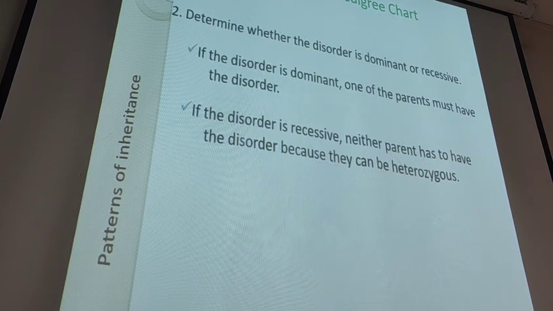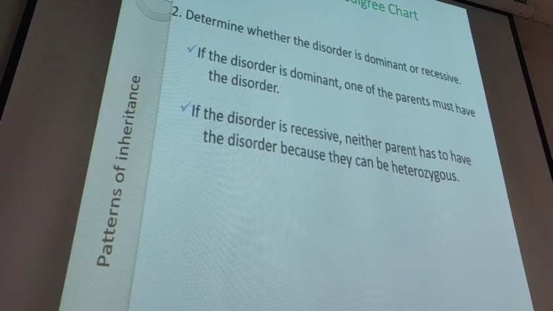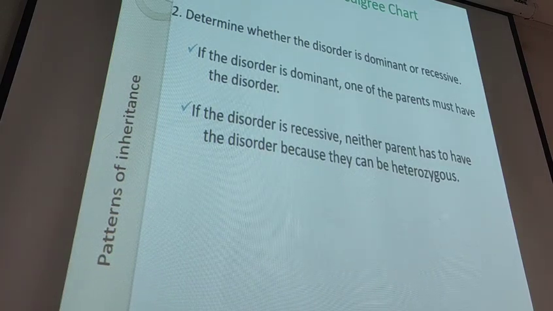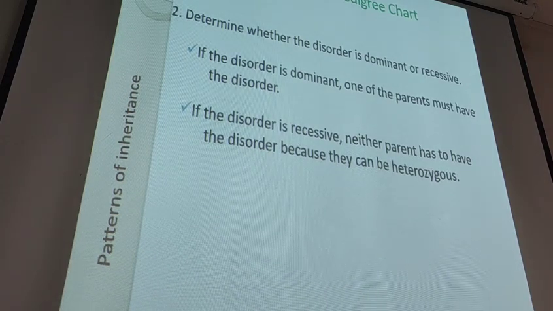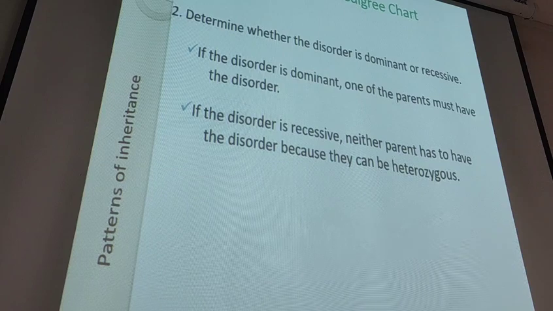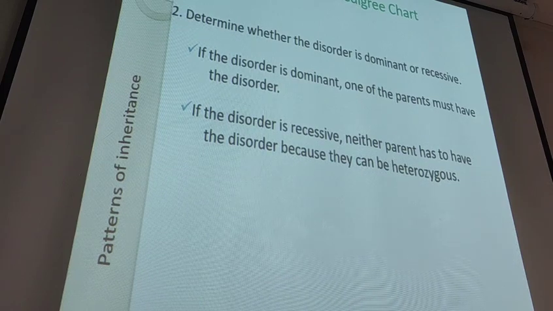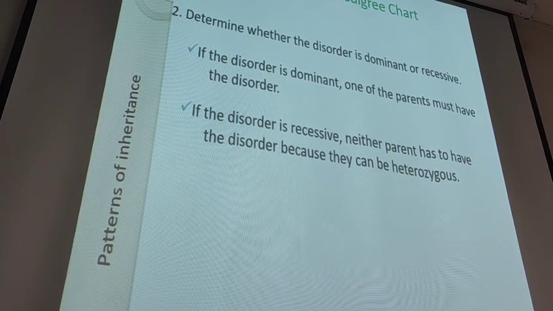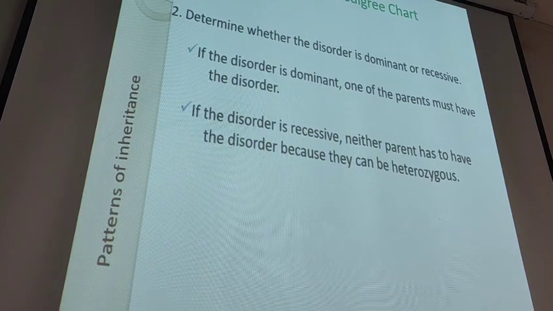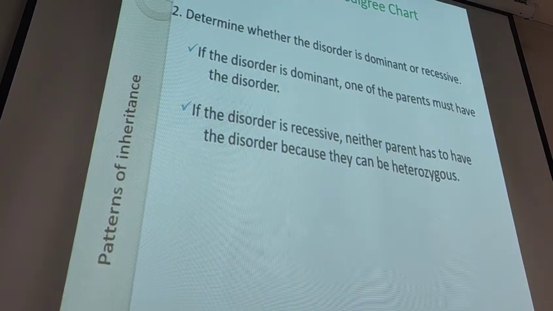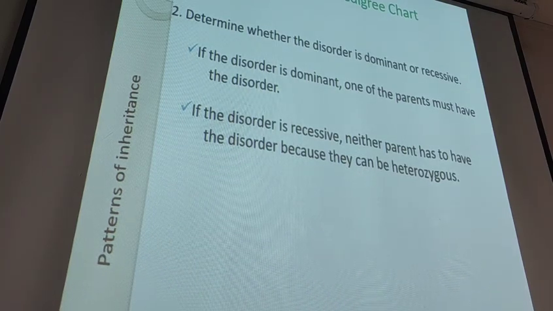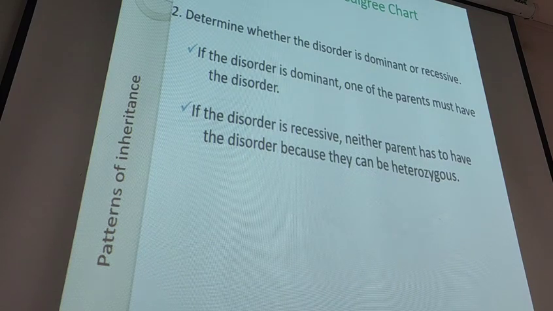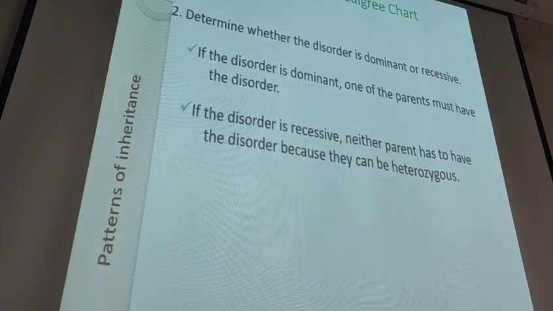And the next step is to determine whether the disease is dominant or recessive. If normal parents have affected children, we say this is autosomal recessive. If each affected has affected parents, we say this one is autosomal dominant.